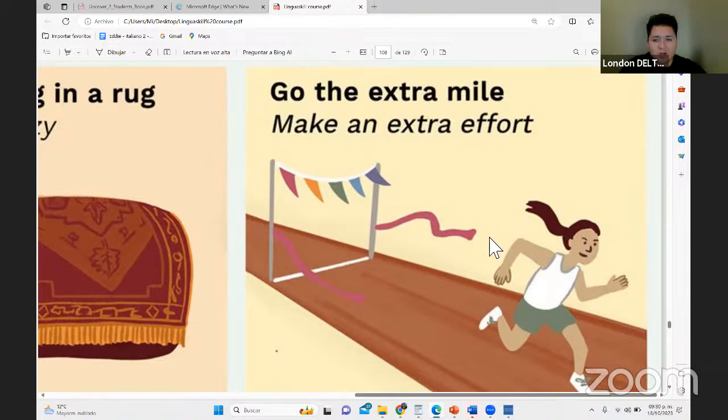Okay, so let's try to think in a more metaphoric way. When would a person make an extra effort, or when would that person go the extra mile? Try to think about a situation, an example.